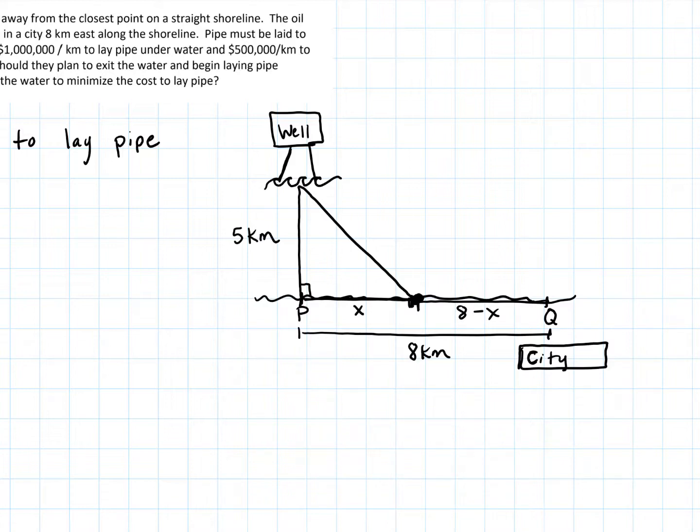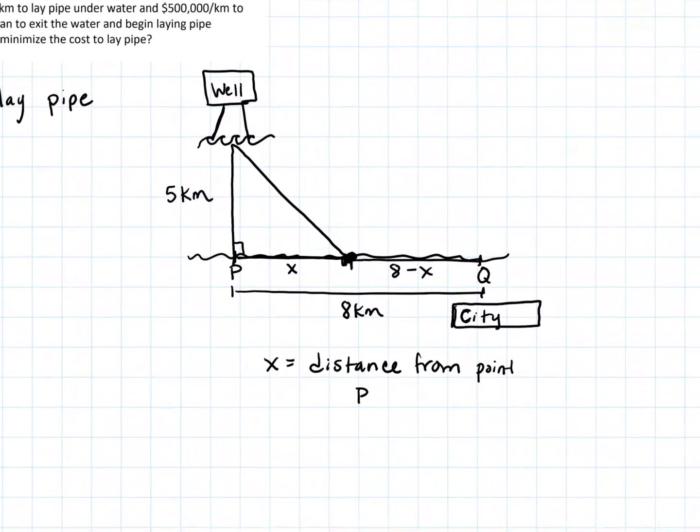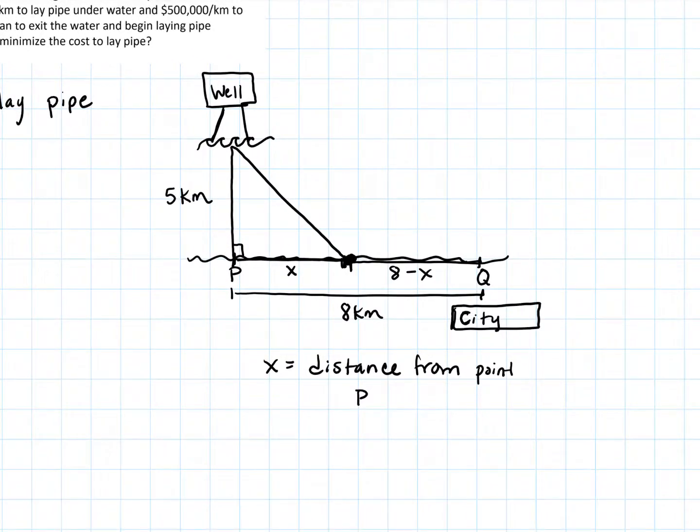So x equals the distance from point P. Remember, point P is the point on the shore that is the shortest distance to the well.